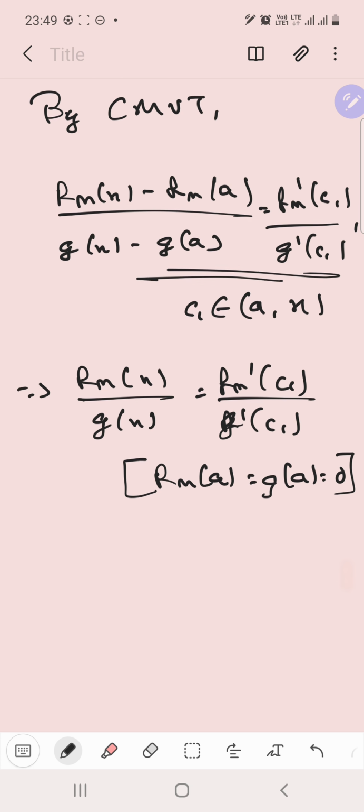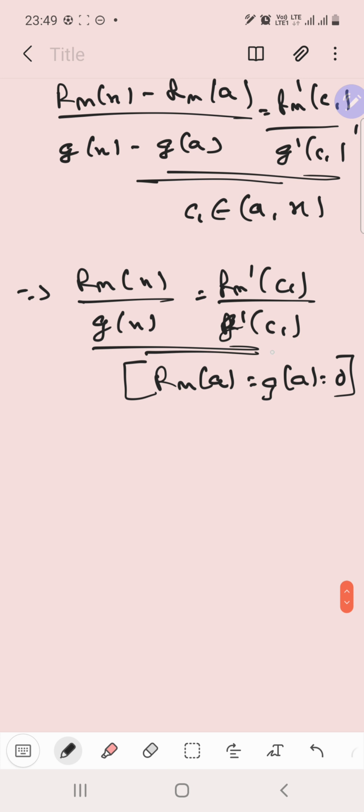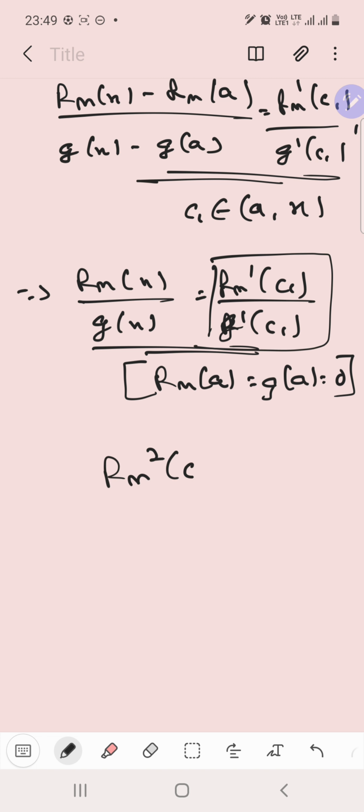Clear? Now this condition can be applied to further derivatives till the nth derivative, because you can keep on applying. Now we can apply the Cauchy's mean value theorem on this portion, with the reason being Rn2(a), because c1 is still greater than a, so we can now consider an interval (a, c1).